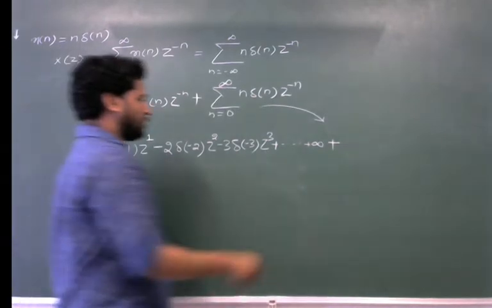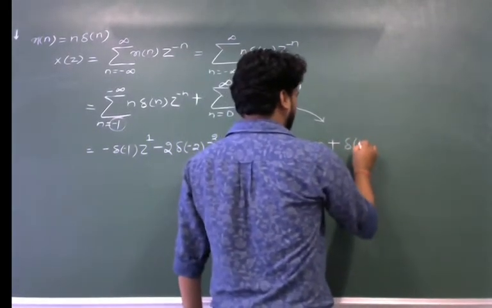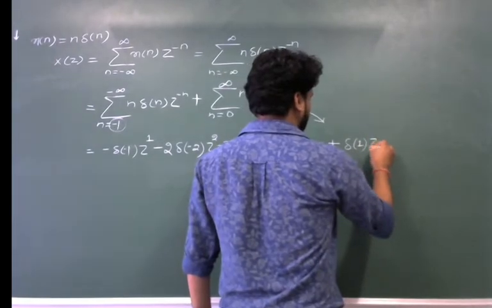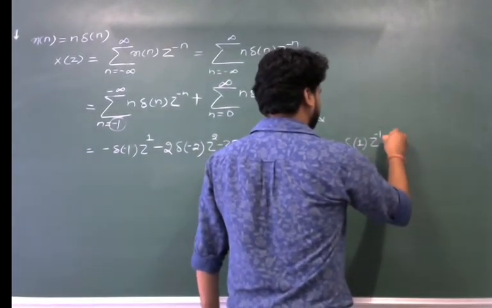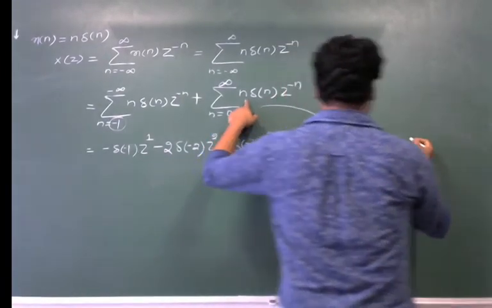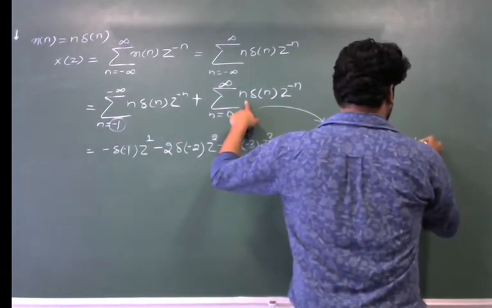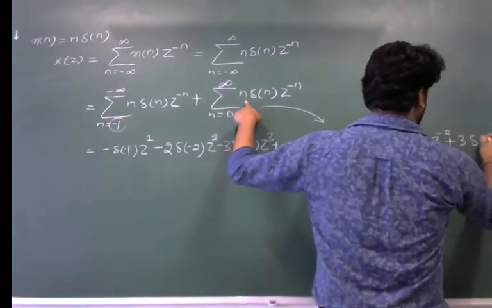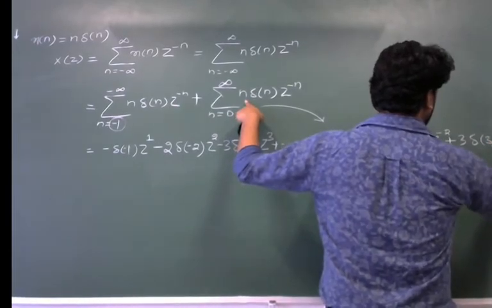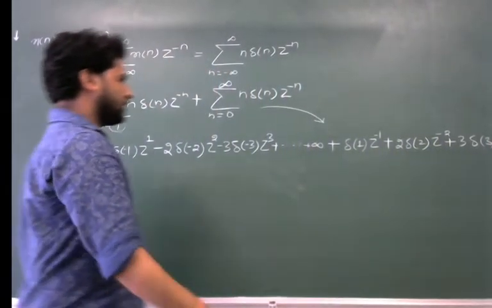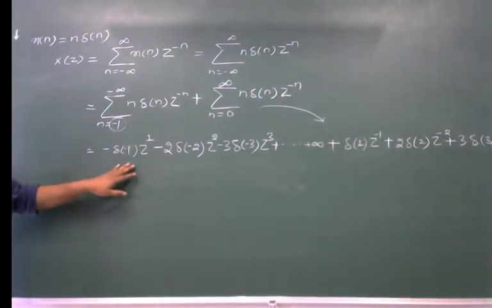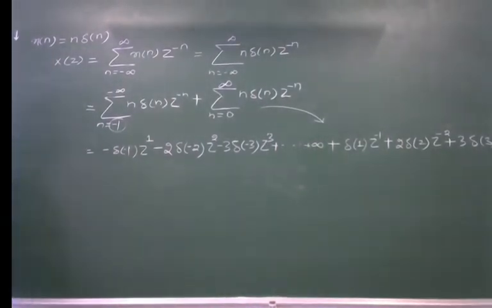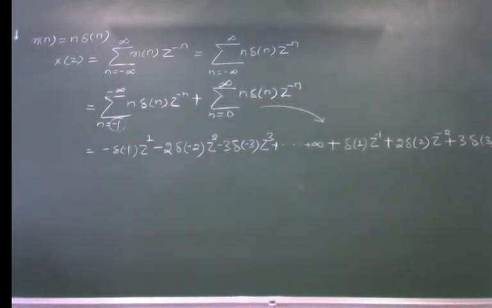When I put n equal to 1, this will become delta of 1 into z power minus 1 plus, when I put n equal to 2, this will become 2 into delta of 2 into z power minus 2 plus 3 into delta of 3 into z power minus 3. So this sequence will look like this after putting the values of n from minus infinity to minus 1, and also from 0 to infinity.